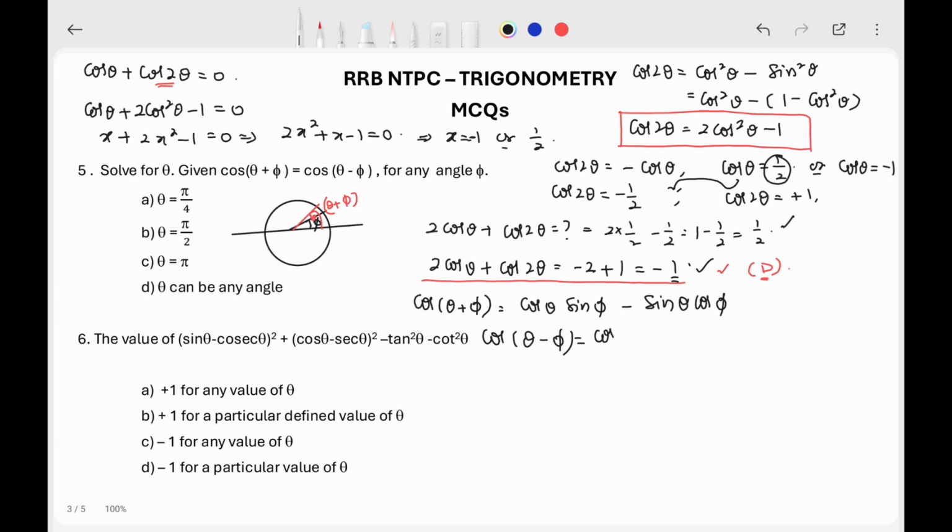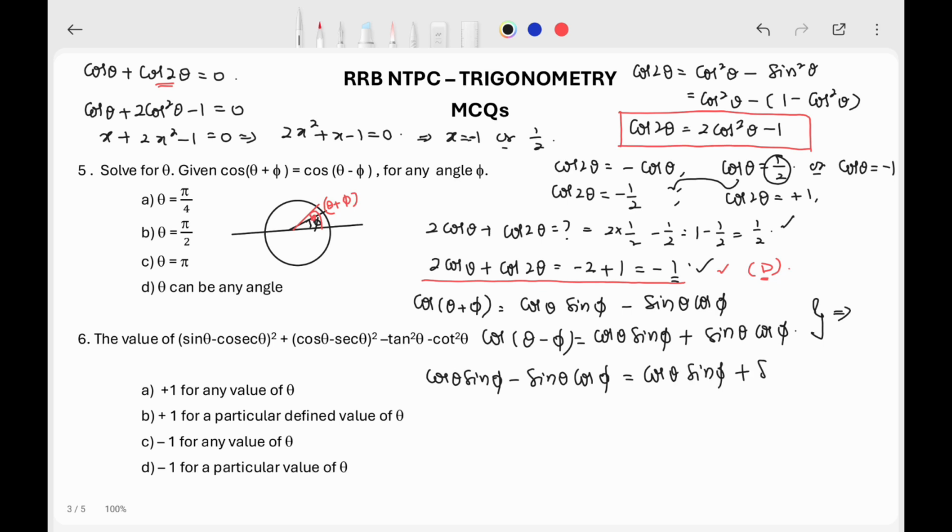Cos theta cos phi plus sin theta sin phi. Both are equal. That means cos theta cos phi minus sin theta sin phi is equal to cos theta cos phi plus sin theta sin phi.